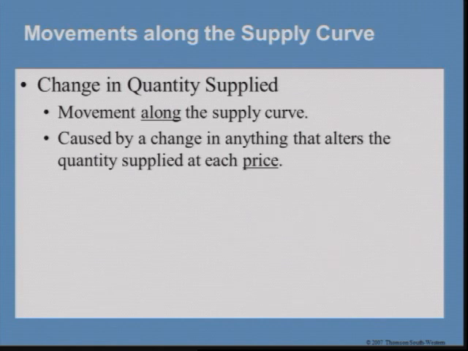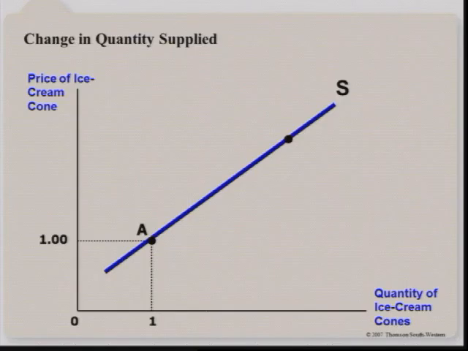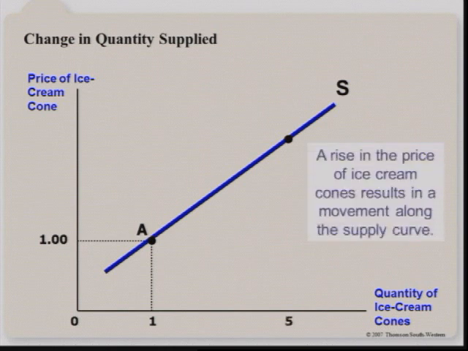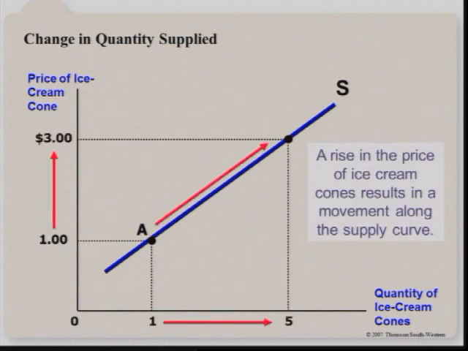That's a movement along the curve. For example, if there has been a tax on our ice cream cone, let's say that it was $1 before. Now with a $2 tax, it's $3. We're moving from point A to point B, or point A to point C.